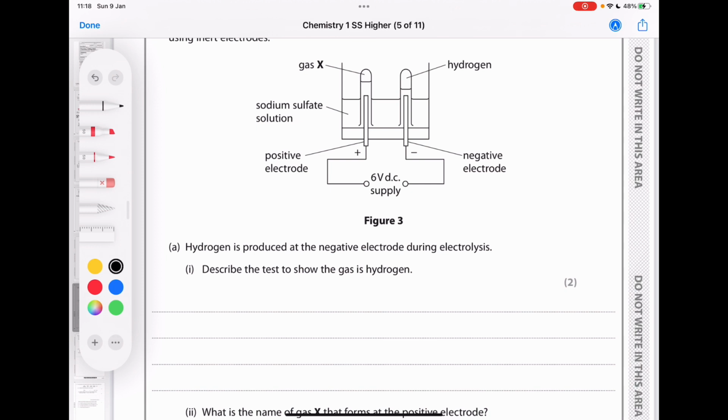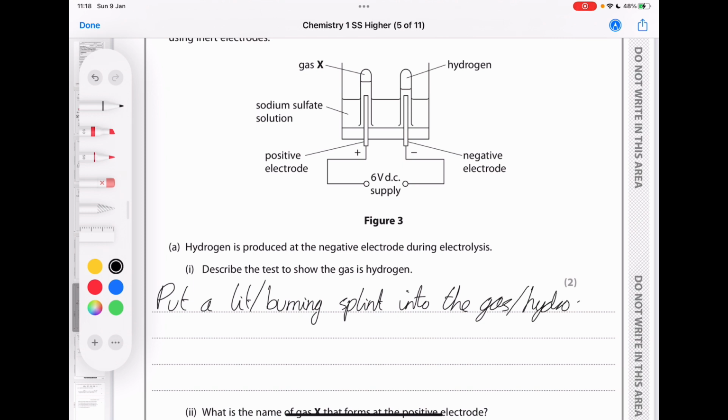The hydrogen test is you put a lit or burning splint into the gas, or hydrogen, and if this is hydrogen, hydrogen will burn or catch fire or ignite with a squeaky pop noise.